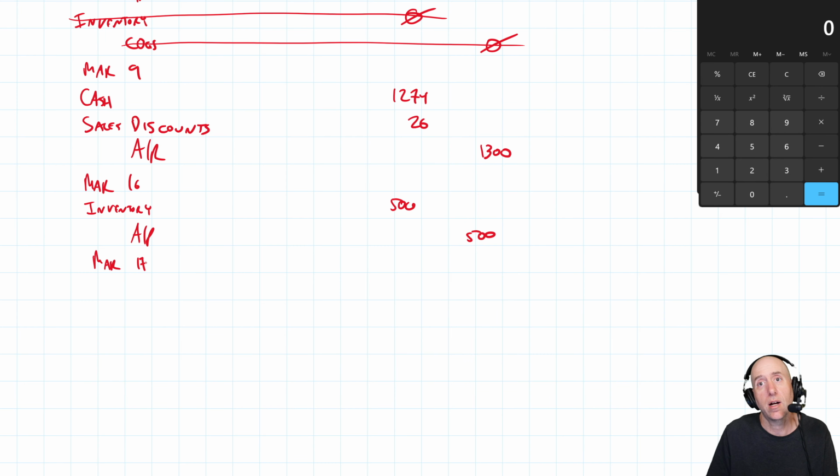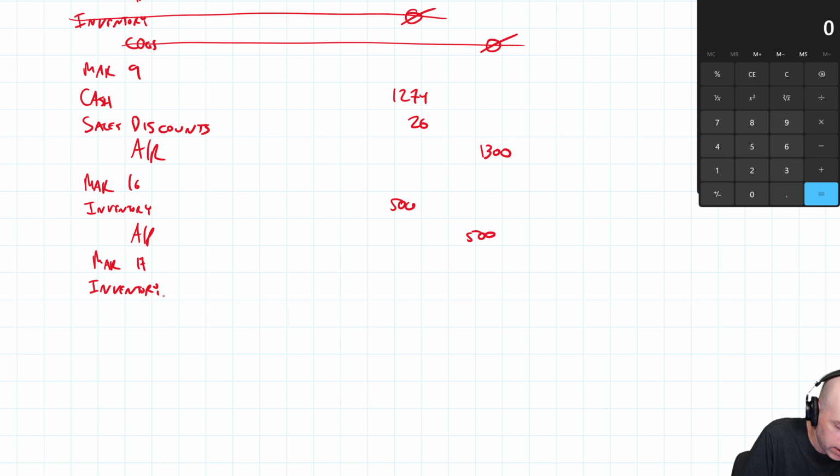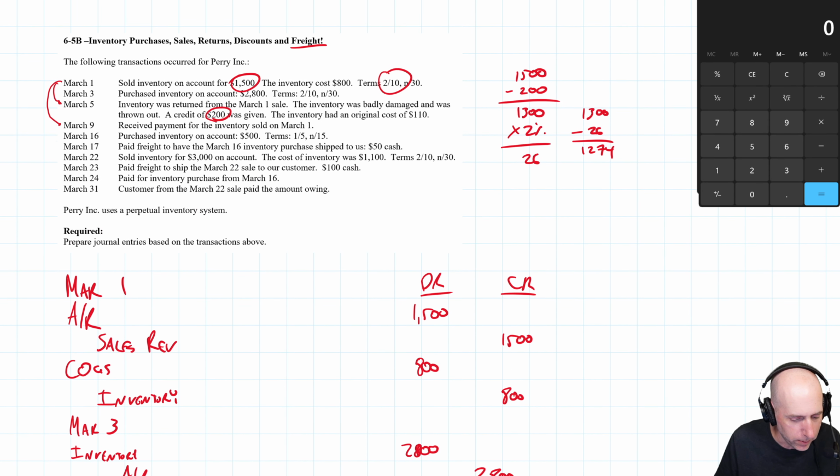As I mentioned at the start, normally you might think logically, freight's a cost, it's a shipping expense. But when it's to ship an asset to make it useful to us, it becomes part of the cost of that asset. In this case, it becomes part of the cost of the inventory. Debit inventory, $50. Credit cash, $50. Kind of an interesting, quirky accounting concept there.